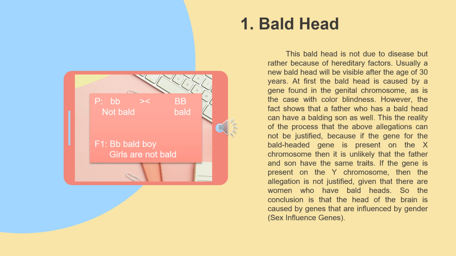At first, baldness was thought to be caused by a gene found in the sex chromosome. As is the case with color blindness, however, a father who is bald can have a bald son as well.